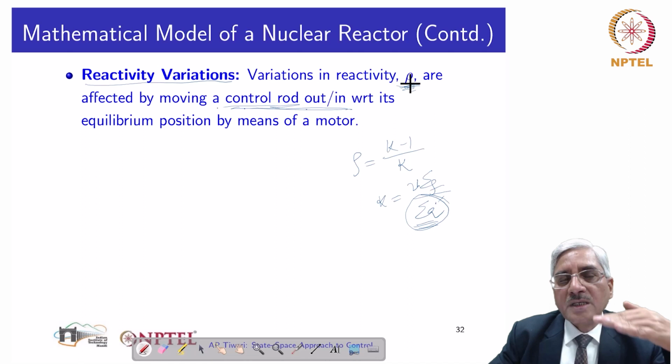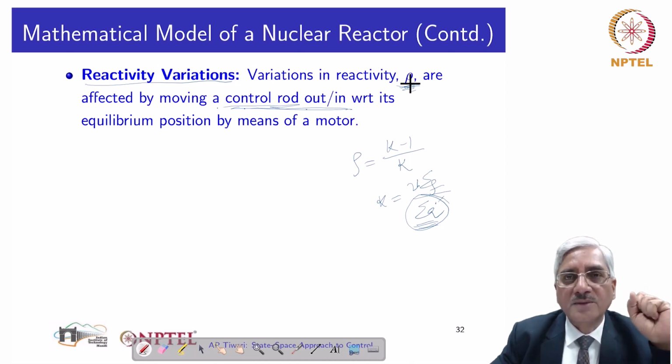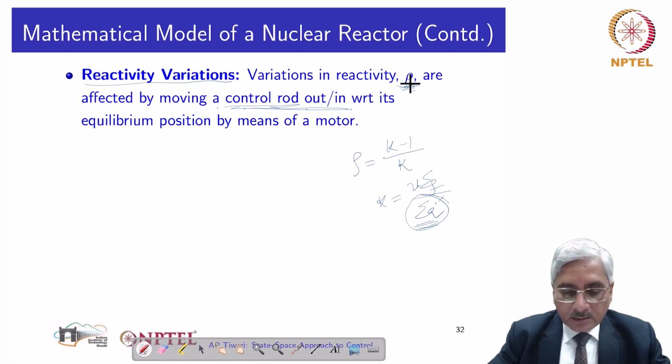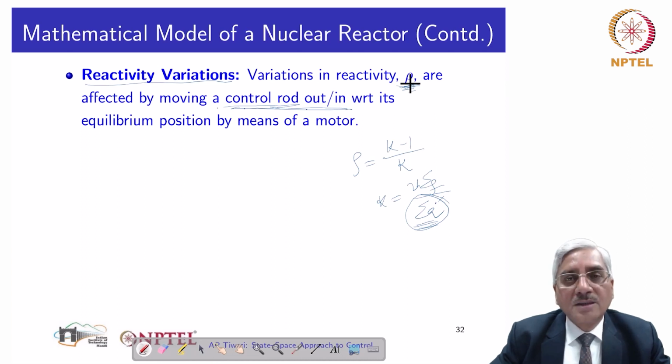When it is at equilibrium, the reaction rate is constant. The design is such that the control rod at 50%, which in our case we are calling the reference position of criticality, at that time the control rod is at zero position or at equilibrium position.